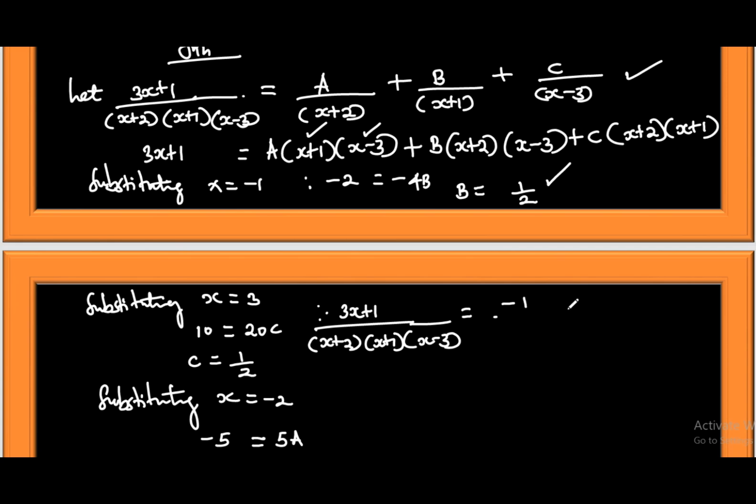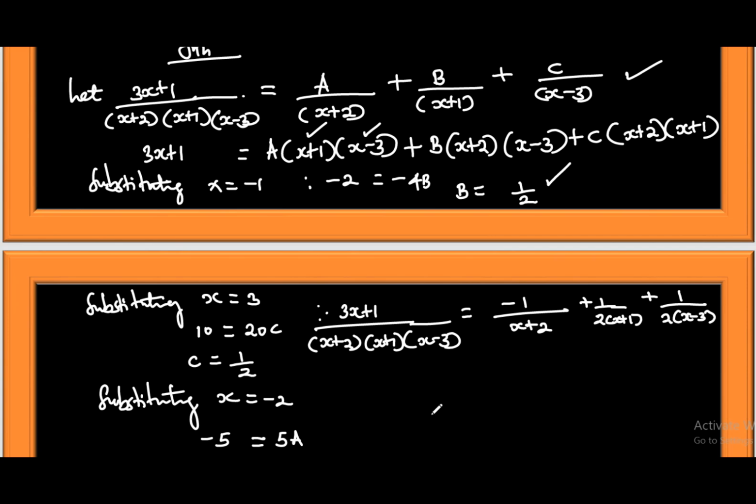So it will be negative 1 divided by x plus 2 plus, now we shall have a half for B, but then we shall write the expression as 1 over 2 into brackets x plus 1. And then finally, for C, we also got the value as a half, so it will be 1 out of 2 into brackets x minus 3.